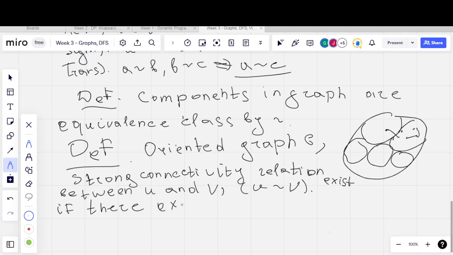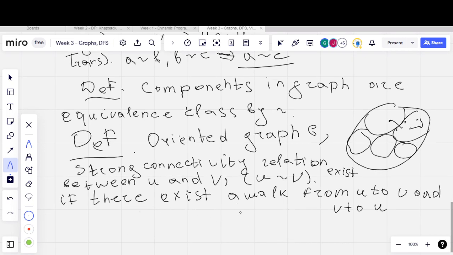There exists a walk from U to V and from V to U. If we have vertices in our graph, strong connectivity relation exists if we have this path and this path.